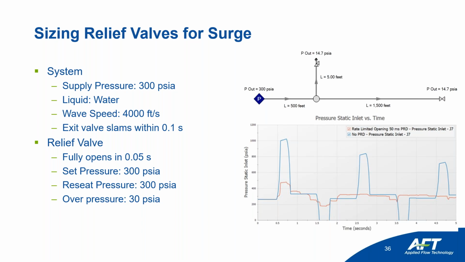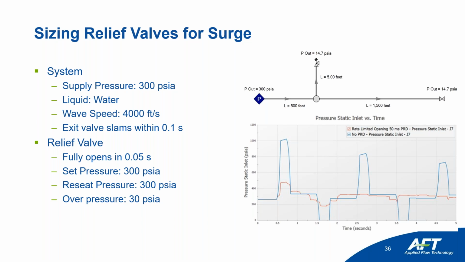We still have the 2,000-foot pipe. All we've done is we've changed the supply pressure upstream to be 300 psi, and we've changed the relief valve. Instead of opening over a second, now it opens fully in 50 milliseconds, which, if any of you are familiar with relief valves, you know that is exceptionally fast, right? But we want to be able to get on top of that surge that comes flying by.